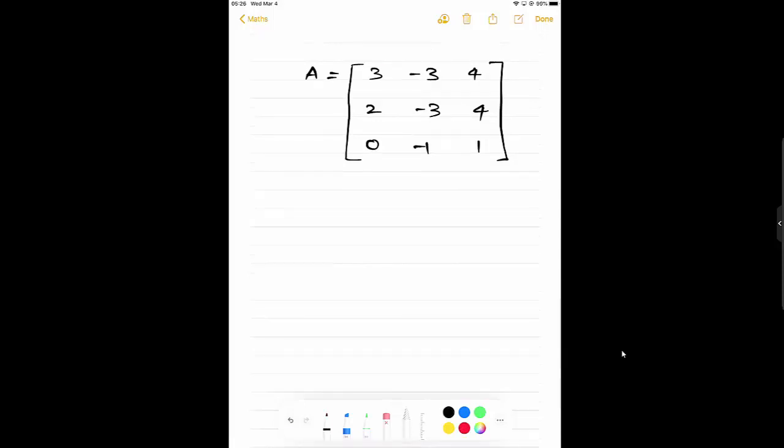First we have to check whether A inverse exists or not by finding the determinant. Therefore, we have to find the determinant of this particular matrix. You can refer to my previous video to learn how to calculate the determinant.